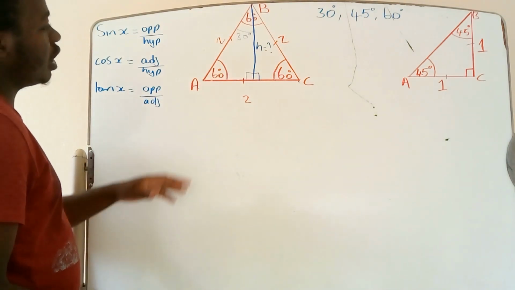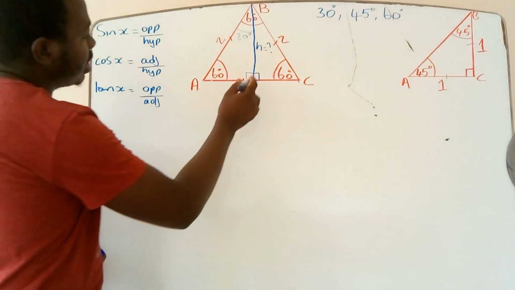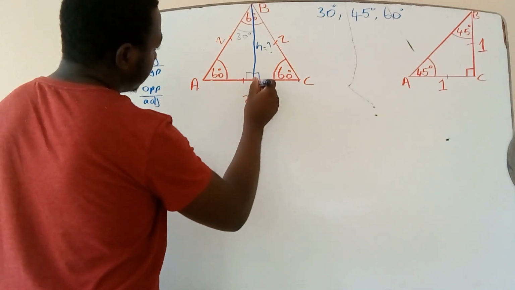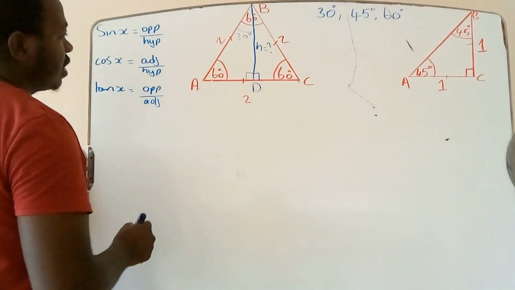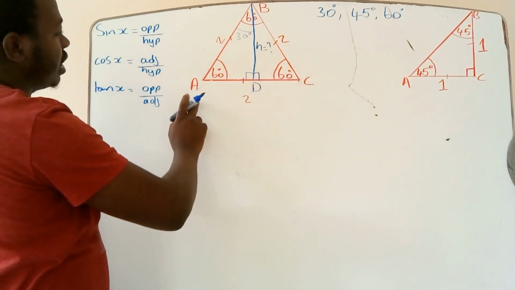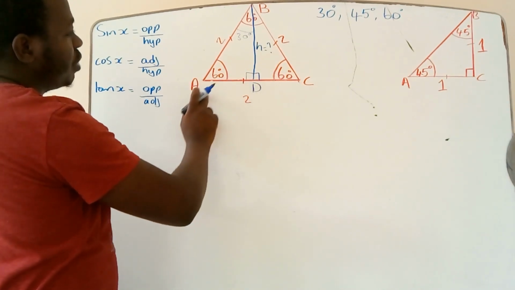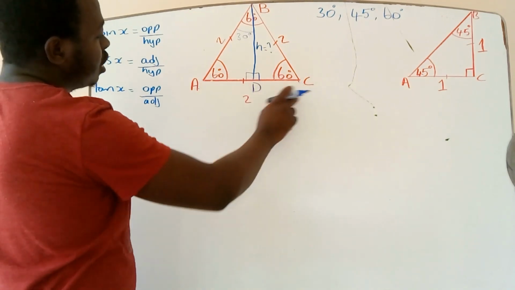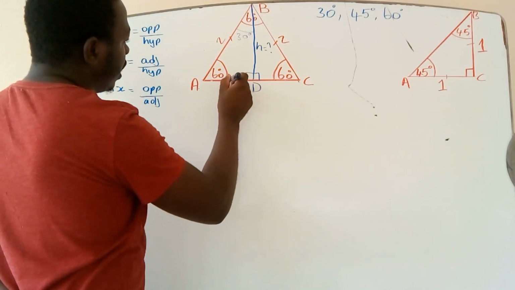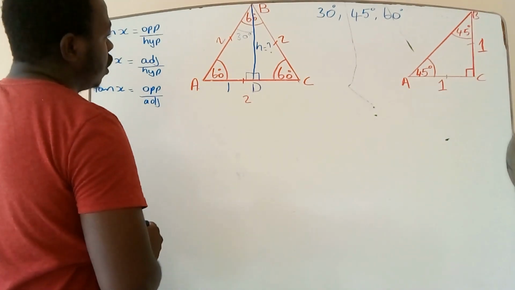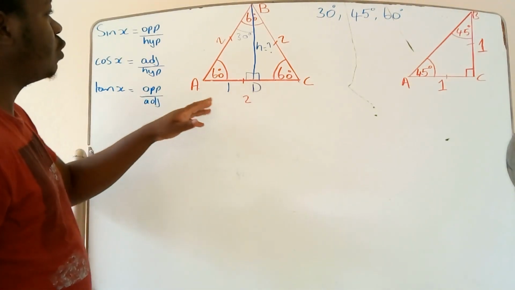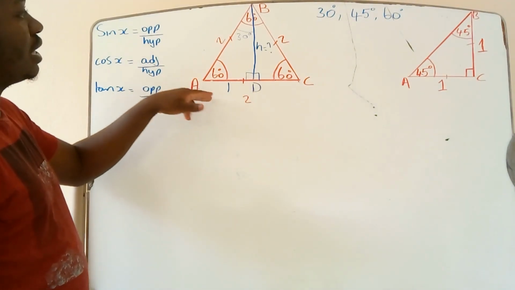But before I show you how to do that, let's say the point here where this line meets, we call it D. Which means that if this line cuts the triangle in two equal parts, then AD would be half of the line AC. We know that AC is 2. That means from A to D has to be 1.